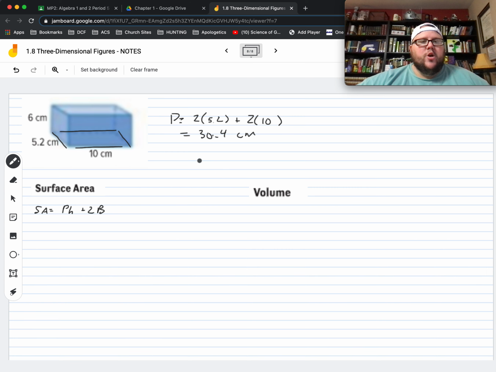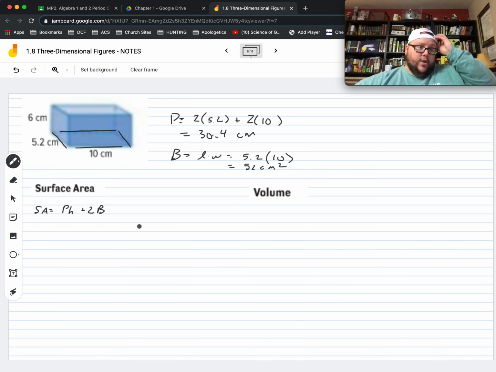Our area of the base, so big B, is going to be length times width, which is 5.2 times 10, which is 52 centimeters squared.